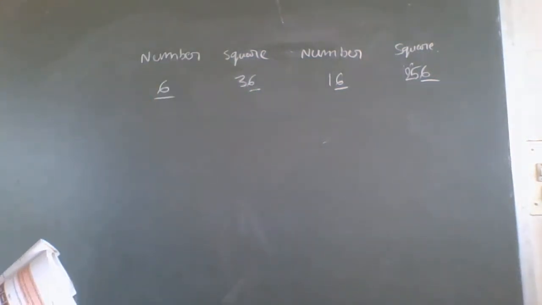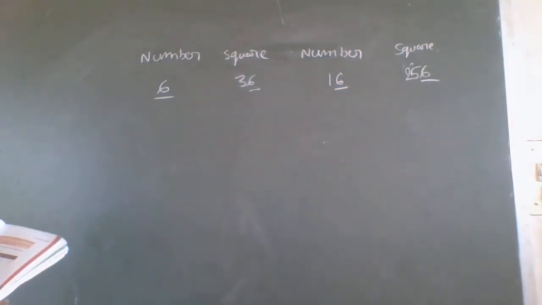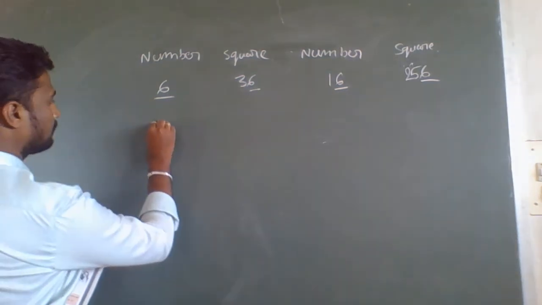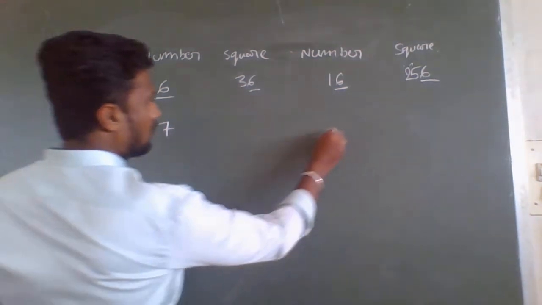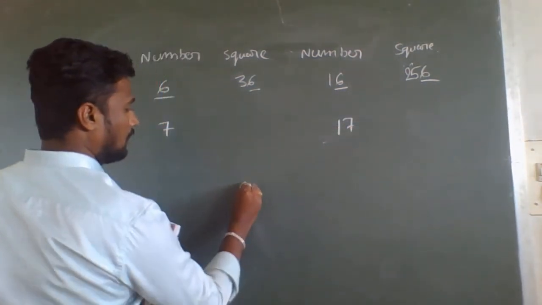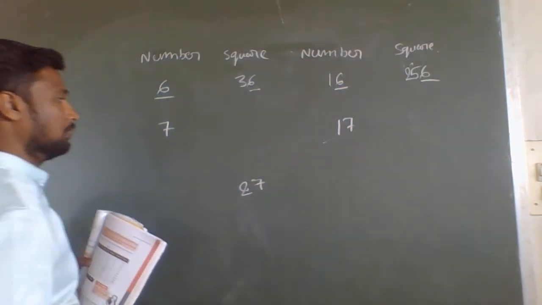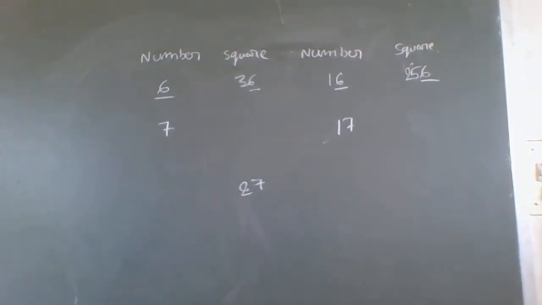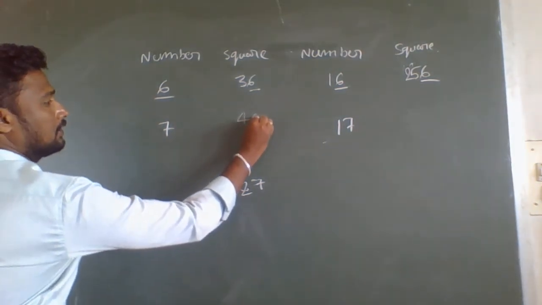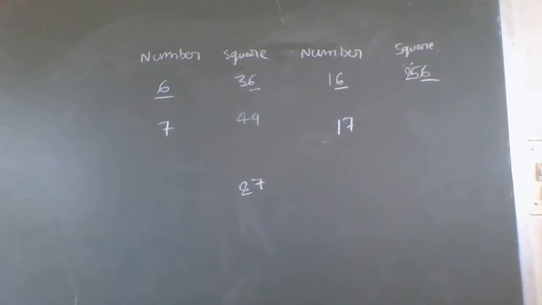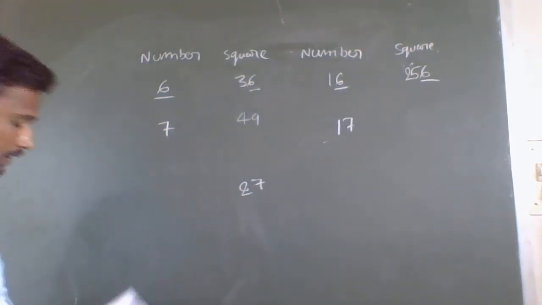Next, we will continue with 7. So here 7, 17, and they have not given 27, but I will write directly here. 7 means what you will get? 7 square means 7 into 7, 49.